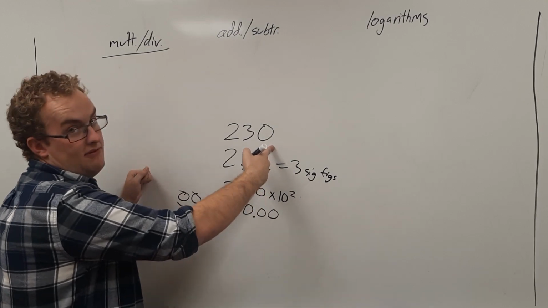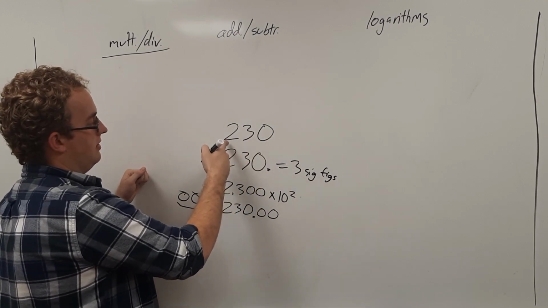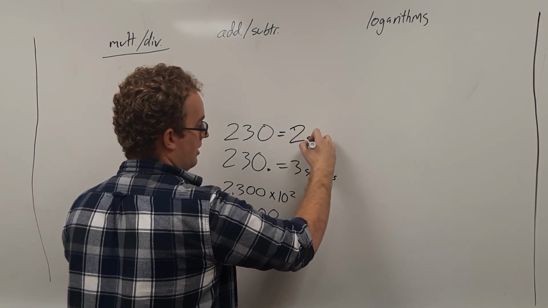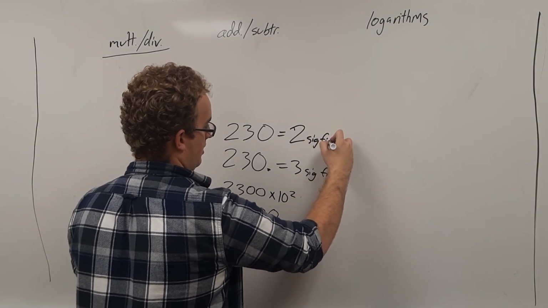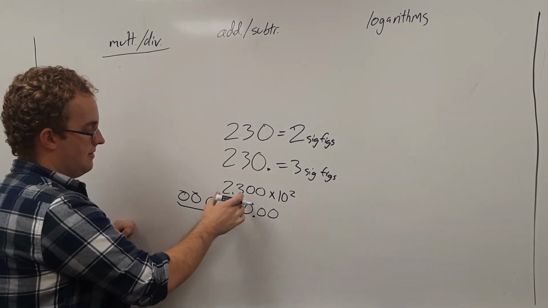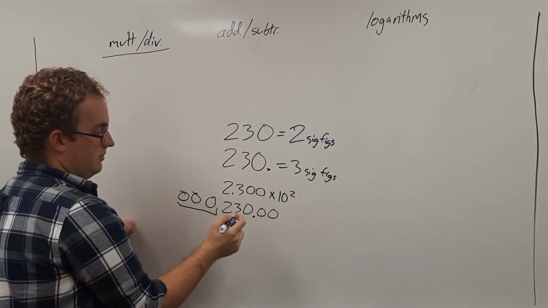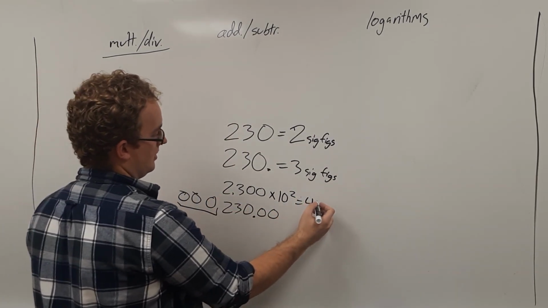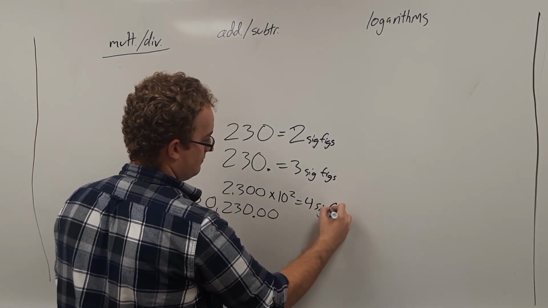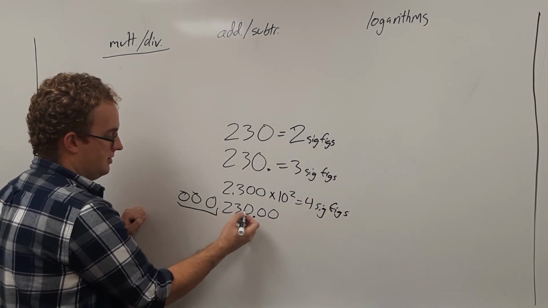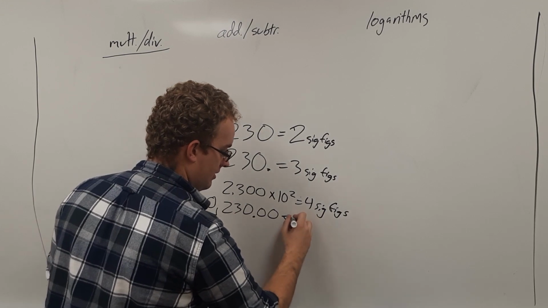This one does not have a decimal point, so the number there equals 2 sig figs. This one is the same number but written in scientific notation. It has a decimal point, 1, 2 zeros. That has 4 sig figs with the 2 numbers there as well. This one has a decimal point, so we have 1, 2, 3, 4, 5 sig figs.